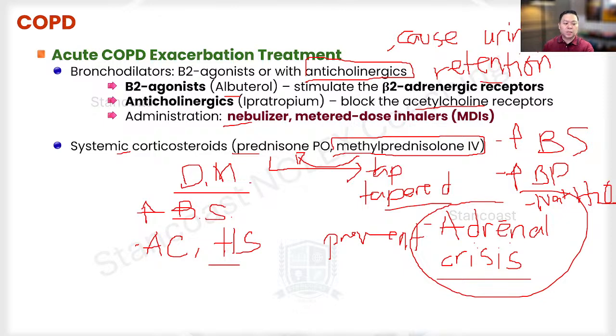This is the usual frequency in checking their blood sugar, and then we're going to base the amount of the insulin on their levels of blood sugar. Okay, so there is that sliding scale of insulin. Okay. So expect that this is probably going to come out in your exam. Sliding scale insulin.